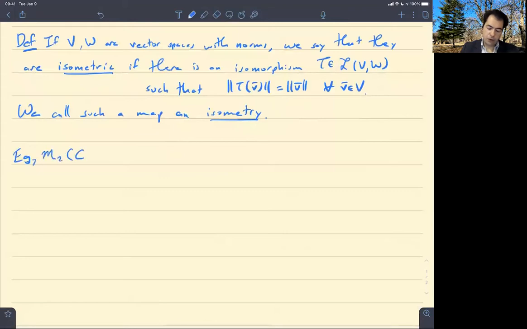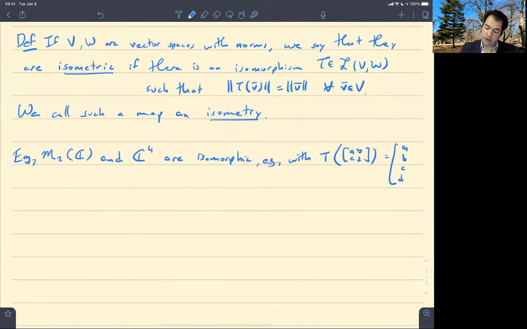If you look at 2x2 matrices with complex coefficients, and if you look at column vectors of length 4 with complex coordinates, these, as we've noted before, are isomorphic. For example, you could use a map T that takes the matrix A, B, C, D and turns it into a long column vector A, B, C, D.